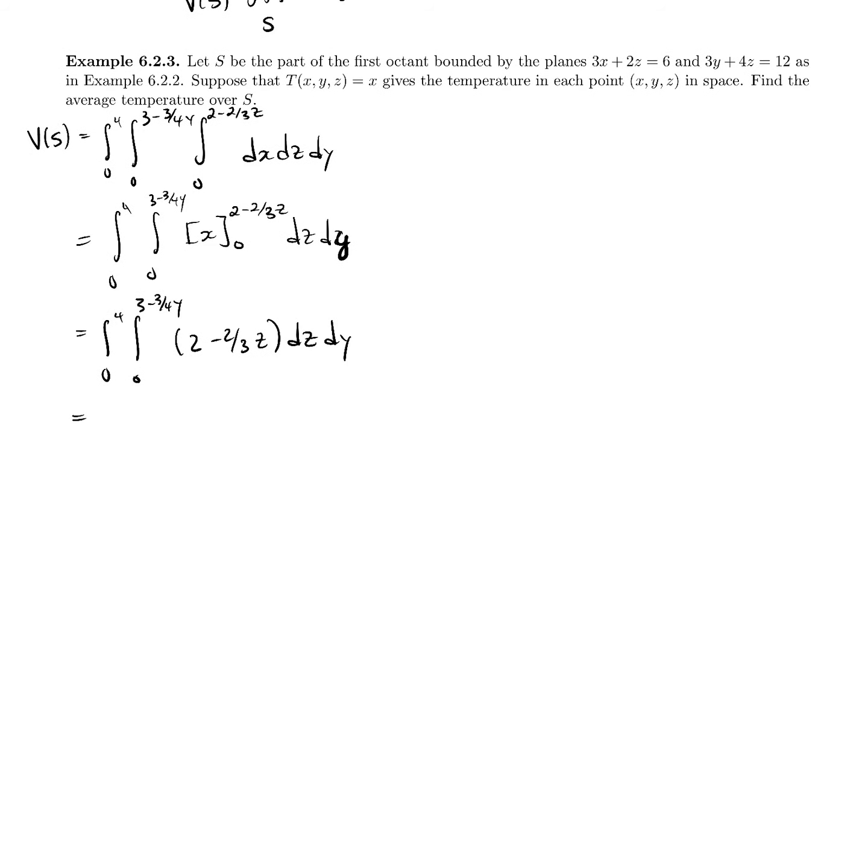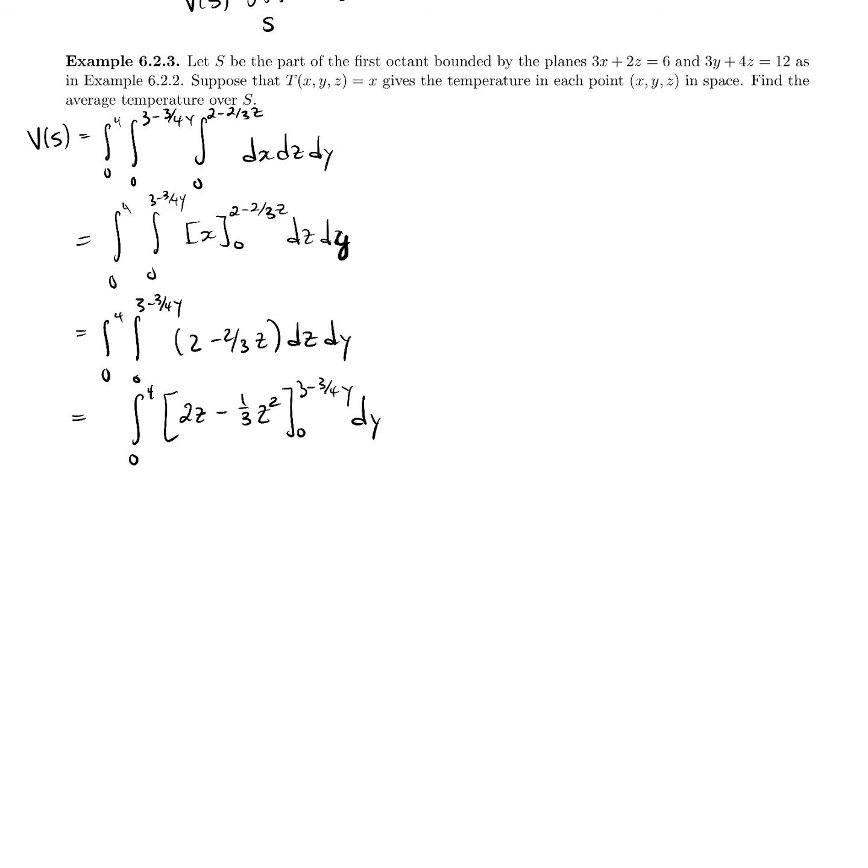So the antiderivative that we need here is going to be 2z minus 1/3 z squared. And we're going to take this from 0 to 3 minus 3/4 y. This is in the integral from 0 to 4 of this monster dy.